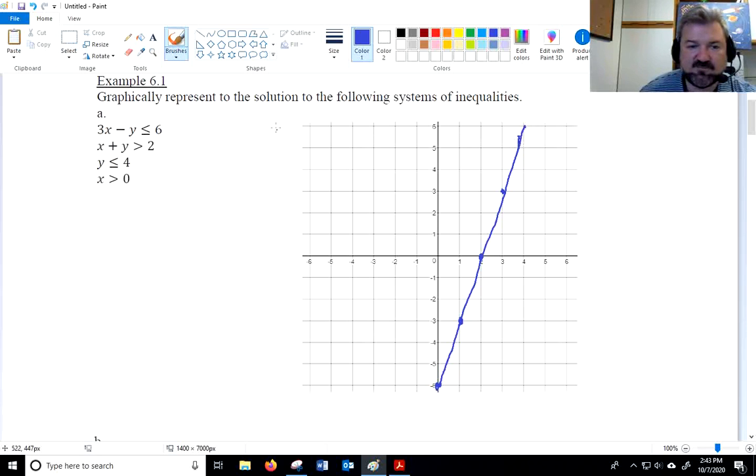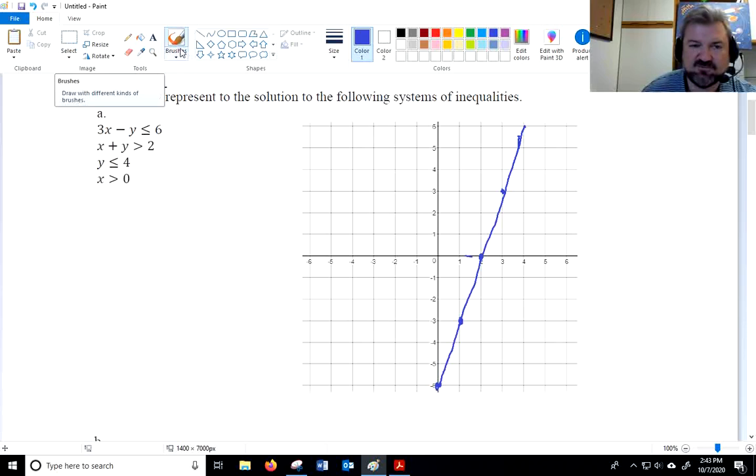All right, and we need to figure out how to shade. So I'm going to test the point 0, 0. If I test the point 0, 0, I would get 0 minus 0 is less than 6. Well, that tells me that it's true. So that means that I need to shade all of this stuff over here. Let's shade over there.